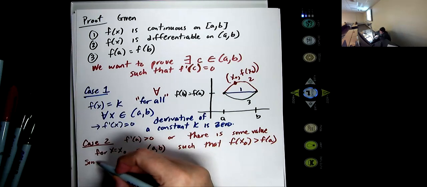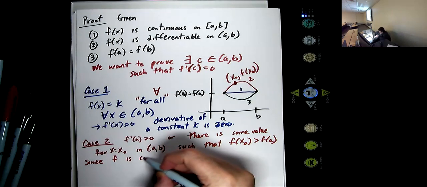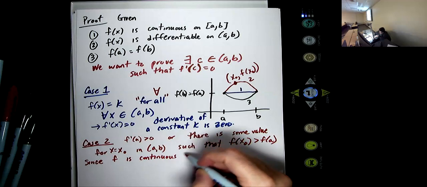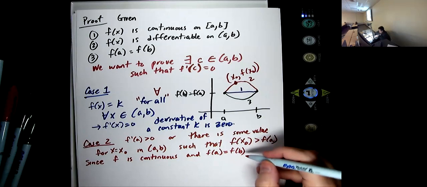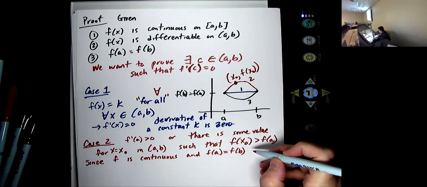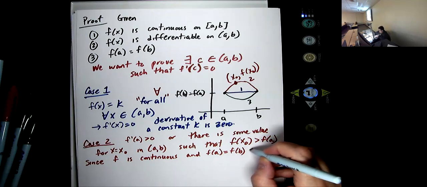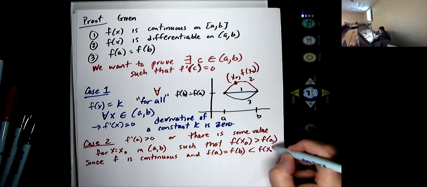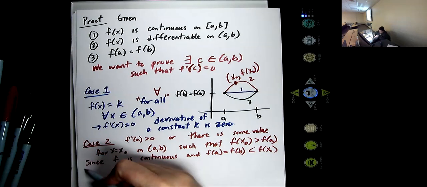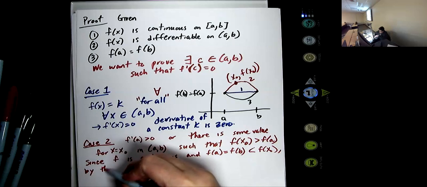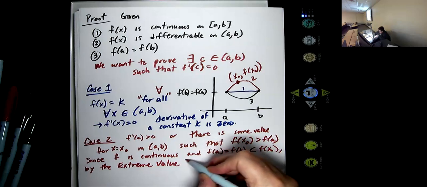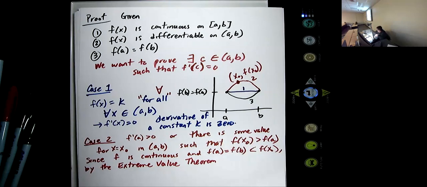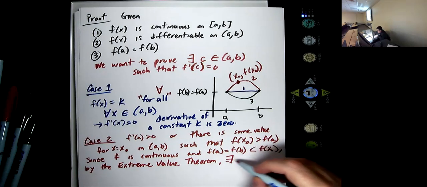Since f is continuous, and f of a equals f of b, which is less than f of x naught, by the extreme value theorem, there is a max. There exists a max in (a, b).